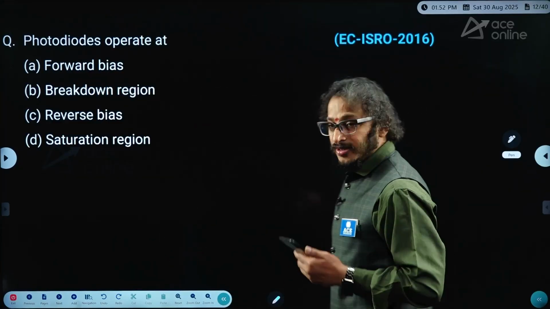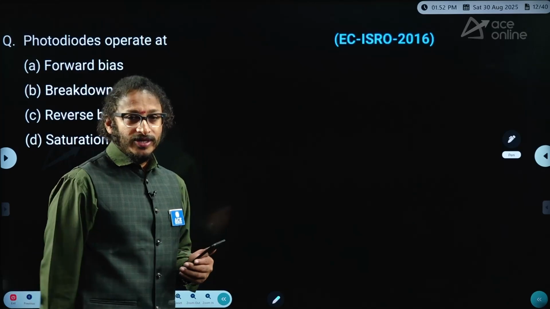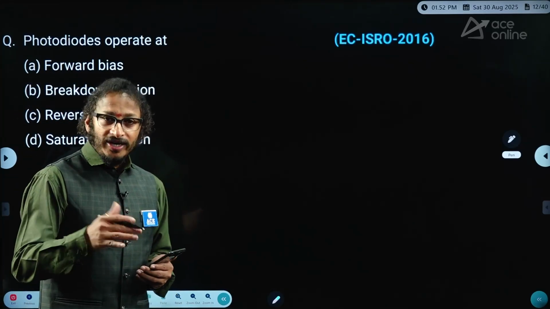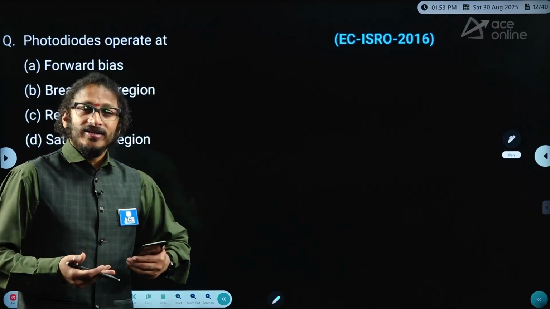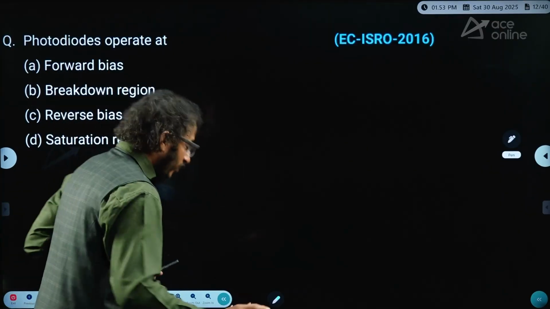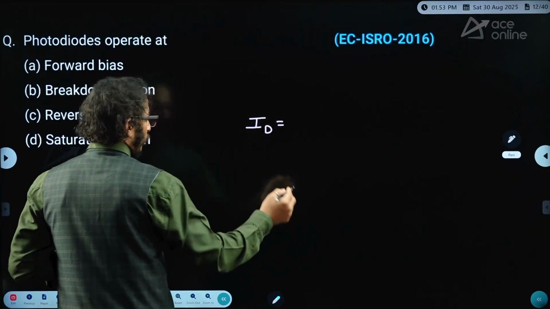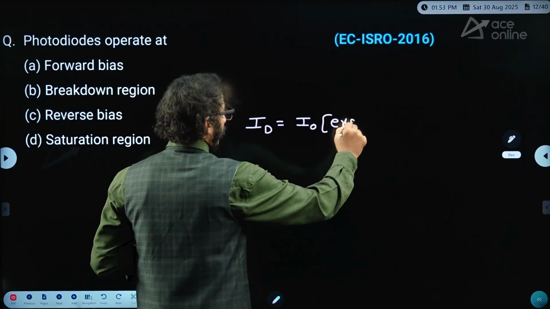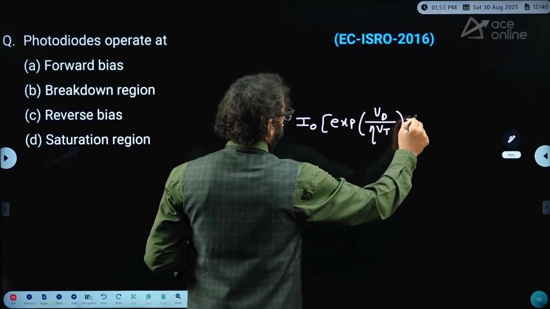Photodiodes operate. Students, I hope you remember, right? We have optoelectronic devices, like photodiodes, light emitting diodes, solar cells, and laser diodes, whatnot. For example, if I consider the diode equation, I is nothing but I naught times exponential of diode voltage by eta Vt minus 1.